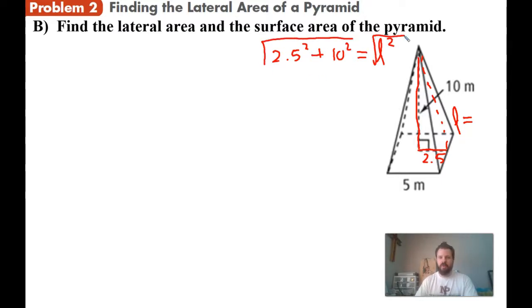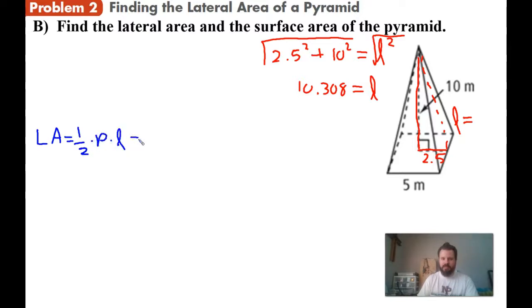If I square root both sides of that, that's going to leave me with slant height is equal to 10.308, we'll say, rounding that intermediate answer to 3 decimal places. All right, from there we can find the lateral area, which is half times perimeter of the base times the slant height.